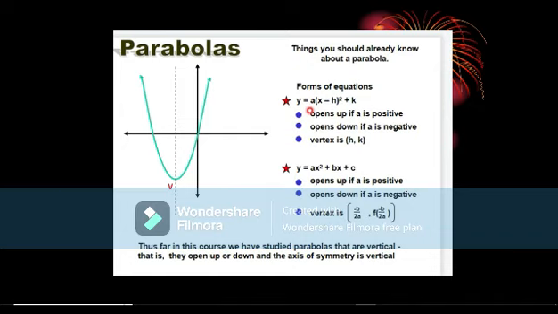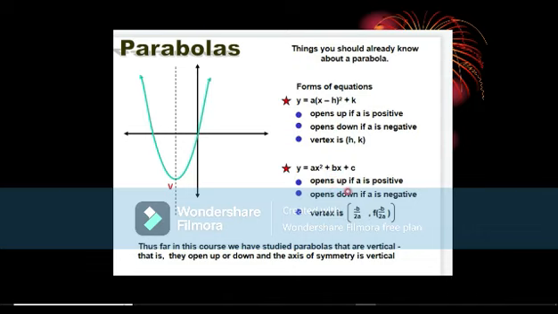If we go back, this is actually our standard form of the parabola. If you transpose this k to the other side, you have y minus k. Then it opens up if a is positive, and opens down if a is negative. The vertex is at (h, k). Then y is equal to ax squared plus bx plus c.